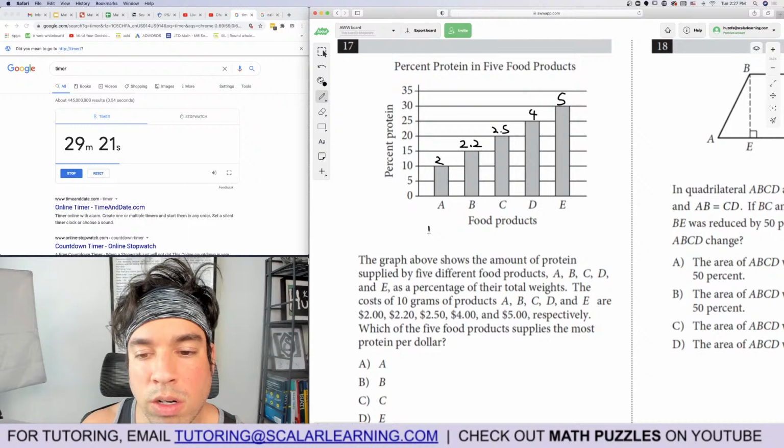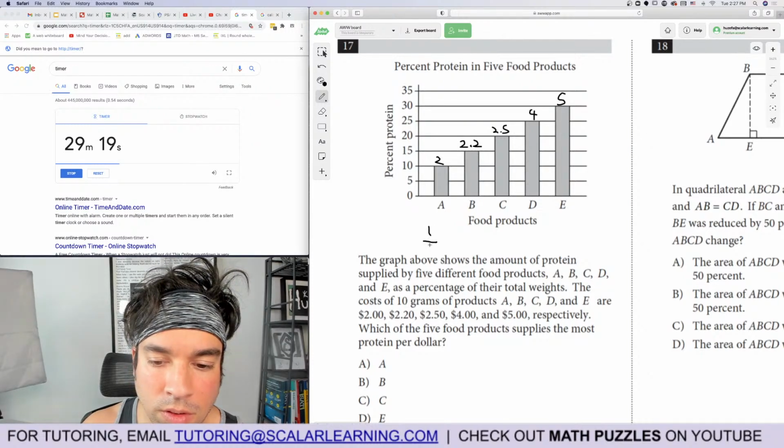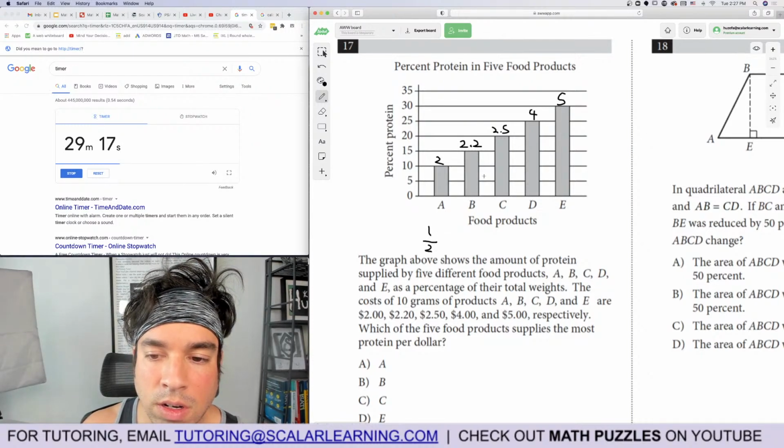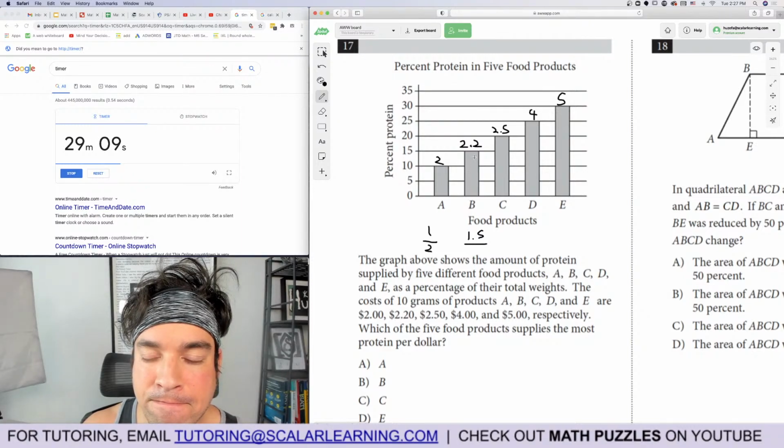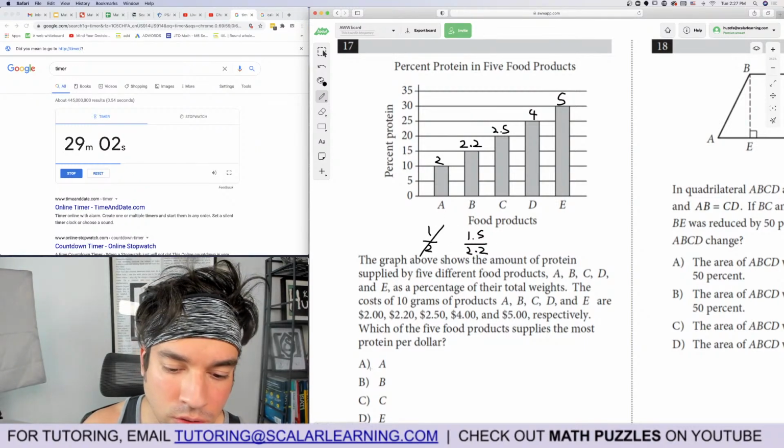So this would be 1 gram of protein for $2. This would be 1.5 grams of protein, right? Because it's 10% of that for 2.2. I can already see this is better than that. This is more than a half. So it's not A.